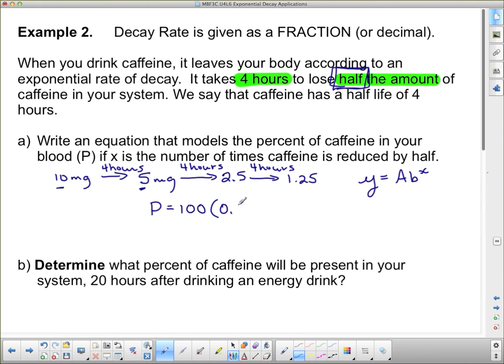I'm multiplying by half every time, or 0.5. And of course the N here, N is going to be the number of 4-hour intervals, or we can think of it as the number of half-lives in our little experiment.